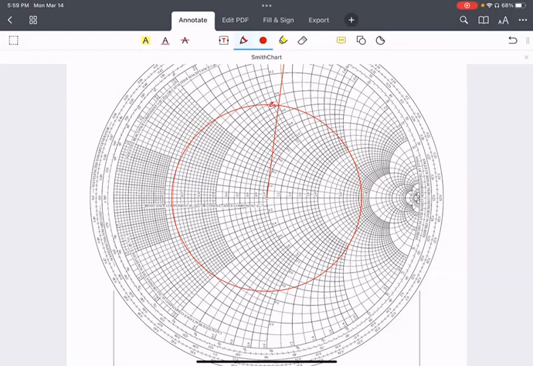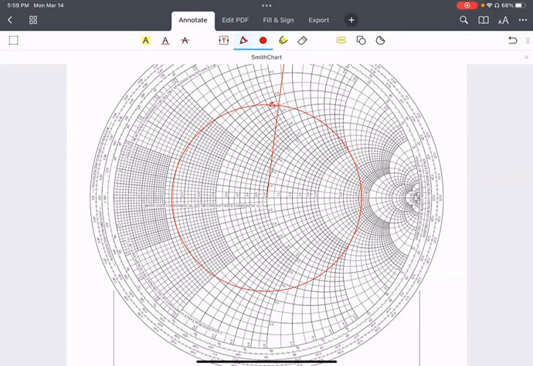Which one's on the bottom? That's right. It should be less than 1, okay? So you measure this, you use your ruler and you measure that. It doesn't matter what units you're in, just be consistent. You measure that distance and then you divide it by the distance to the outer edge, but this edge here, because this is really the edge of the Smith chart. These are just scales at the end.